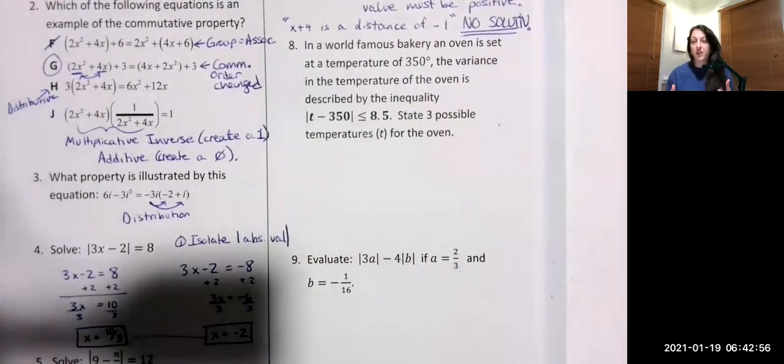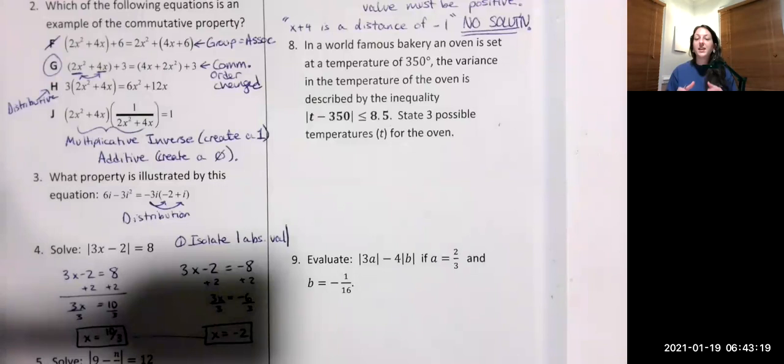Ovens are supposed to be a specific temperature, but sometimes they're not exactly that temperature, which means, let's say I'm trying to bake a cake at 350 degrees, but my oven might be 4 to 5 degrees off. So it could be as low as 345 degrees or as high as 355 degrees.